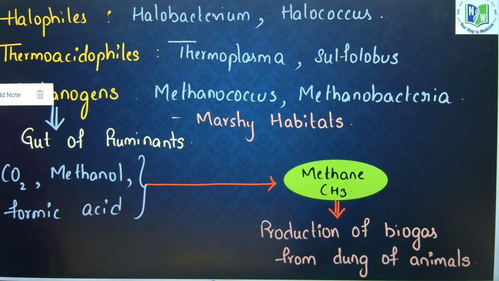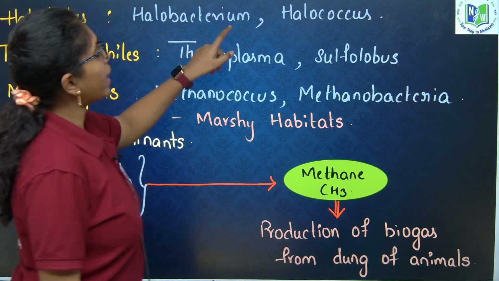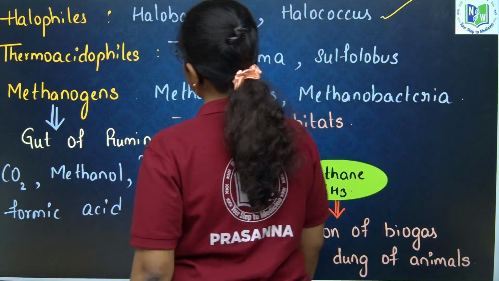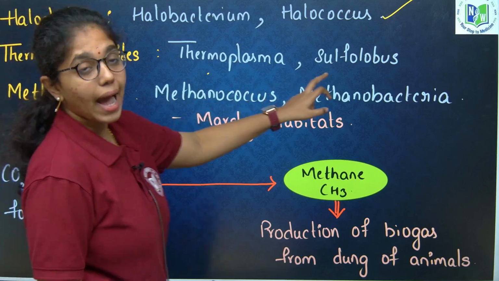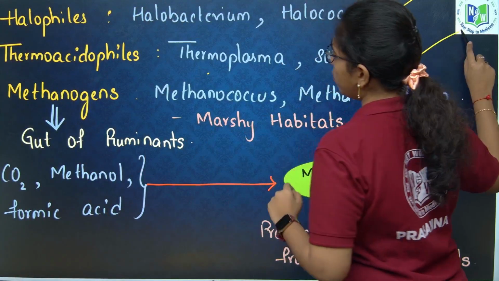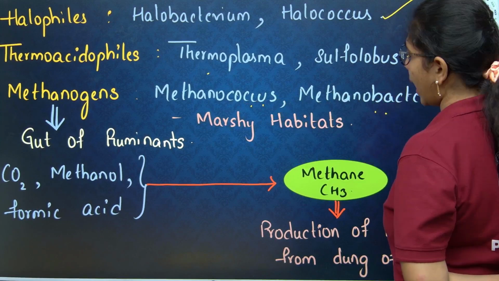Examples are very important, you need to fix them in your mind. Halophile examples: halobacteria and halococcus. Thermoacidophile examples include thermoplasma and sulfolobus. Methanogen examples: methanococcus, methanobacteria.